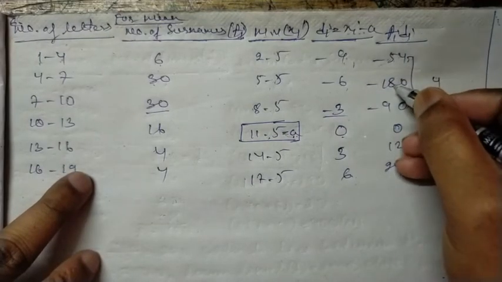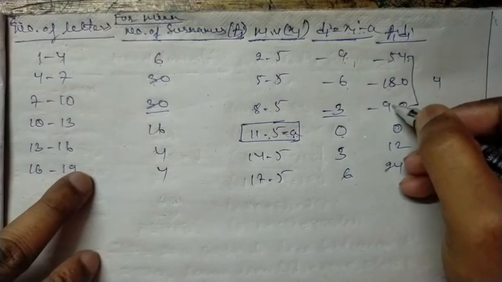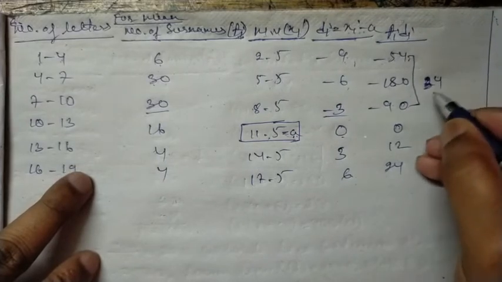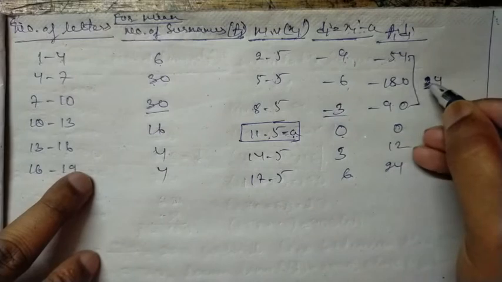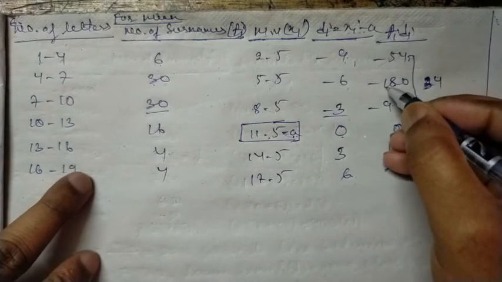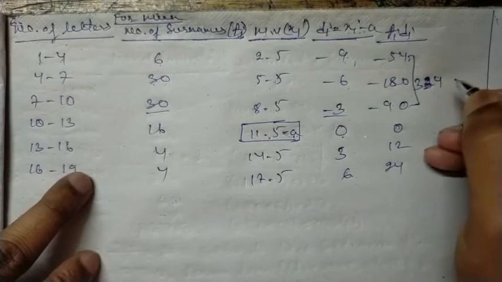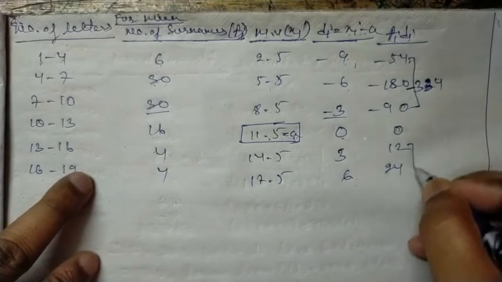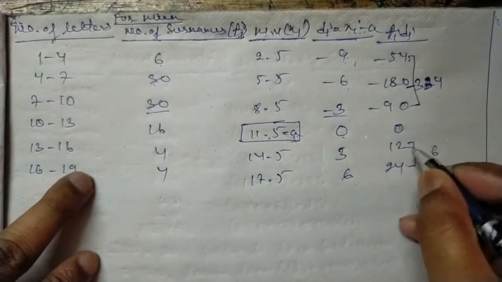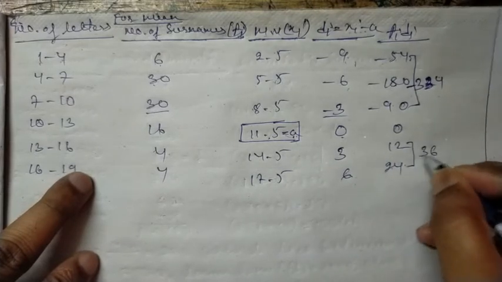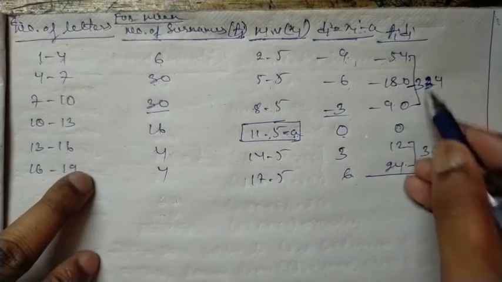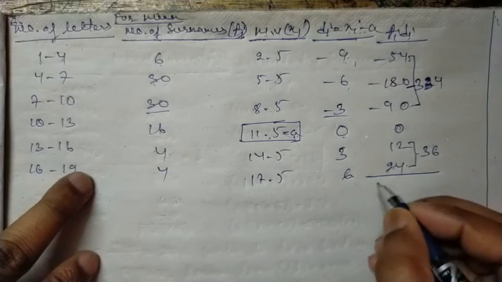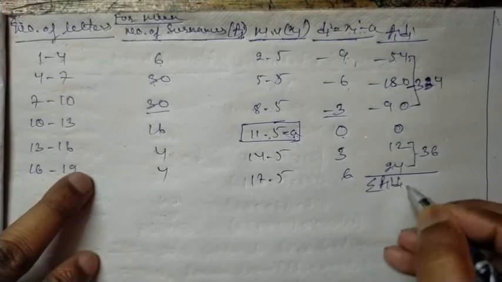If you add this value, here will be 4, 8 plus 5 is 13, 13 plus 9 is 23. This is our 23. Okay, 3 and 1 carry, 2 carry, that is 2 plus 1, 3, 334 minus 334. If I add here again 2 plus 4 is 6, 1 plus 2 is 3. Again, if you subtract 334 with plus 36, we will get over here sigma fi di.